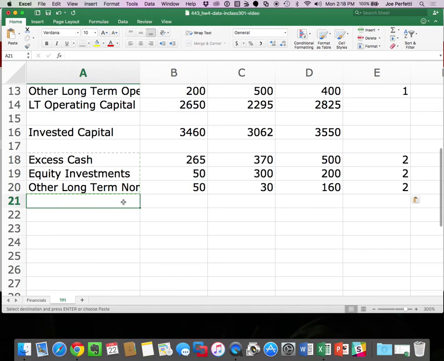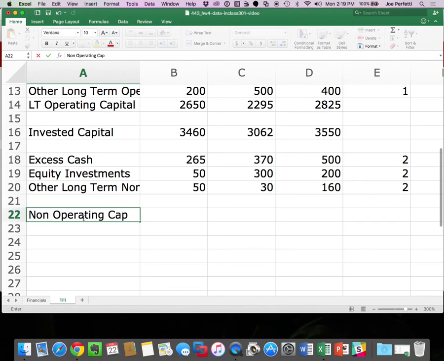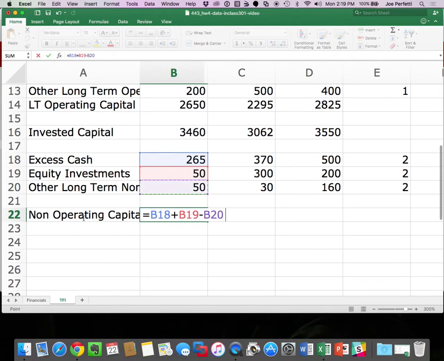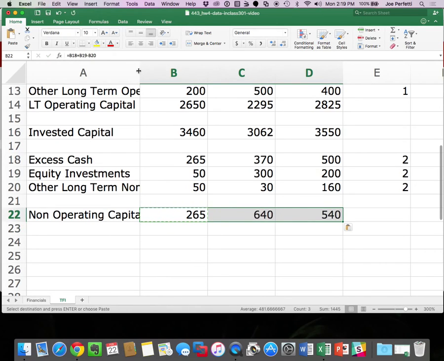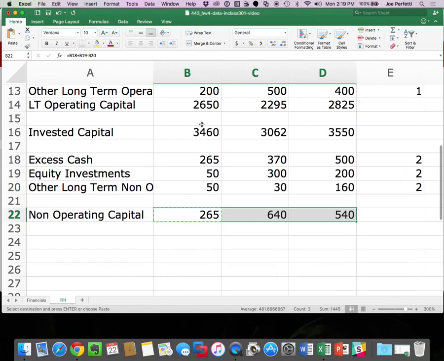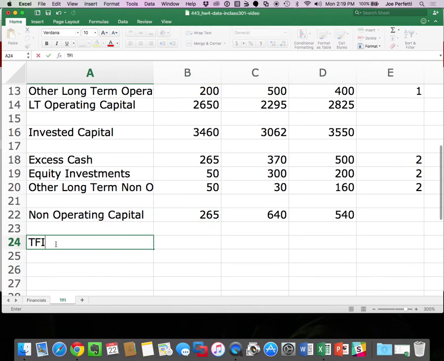Now again, I could call this my non-operating capital as a row if that helps me understand what's happening here. So I could take the assets minus the liabilities, and that is my non-operating capital. So I have my operating capital, my non-operating capital. When I add the 2 together, TFI.